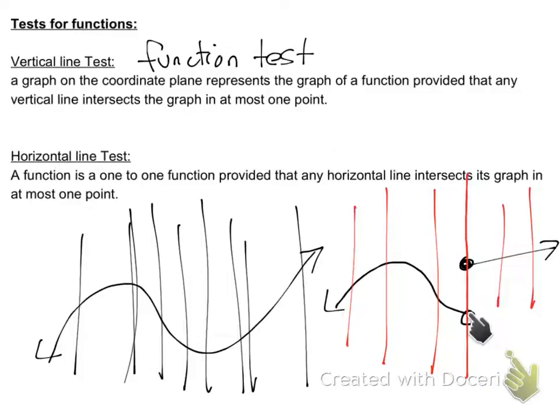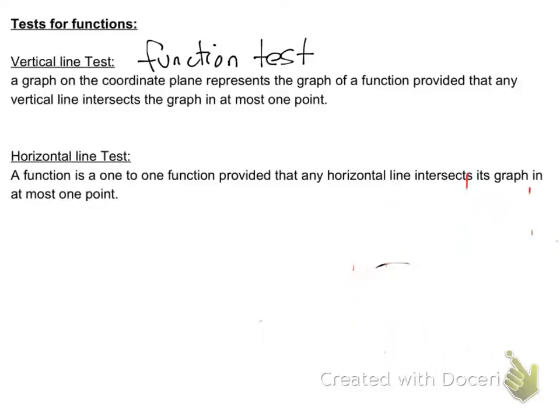No. How many times does it touch the graph? Once. It only touches once, therefore it is a function. Wait, why? Because this point here is included, but this one down here is an open circle, not included. So it's not part of the graph, whether it was an open dot or a closed dot. Okay? So let's try another one.